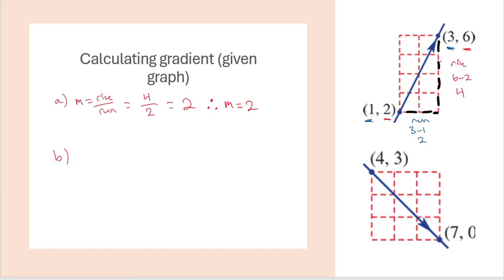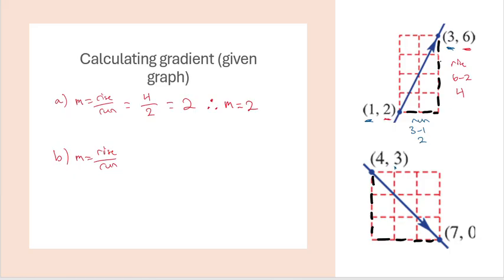For part B, I'll write out the equation first, and then we'll figure out what rise and run are. All right, so let's have a look here. I'm going to make my triangle just like that. Let's look at the rise.